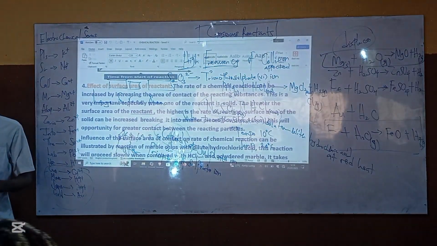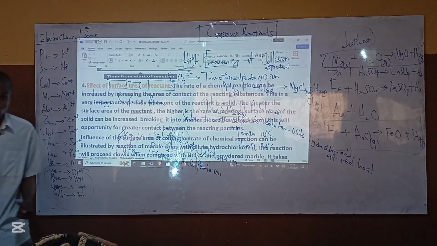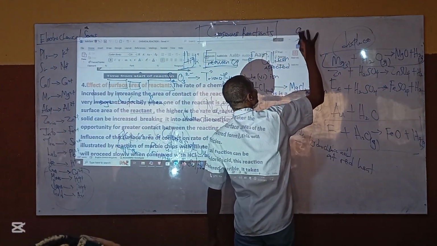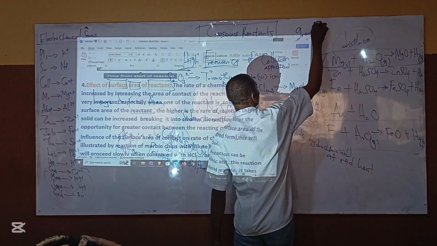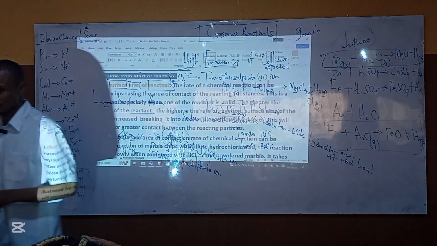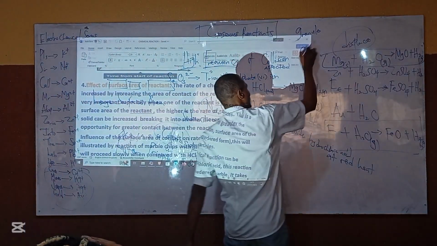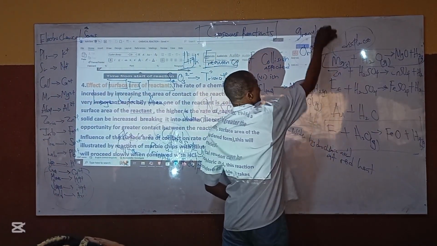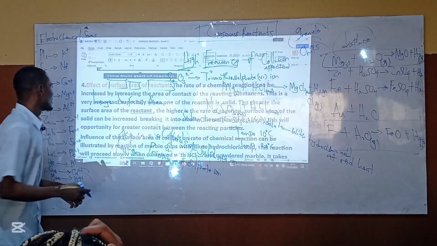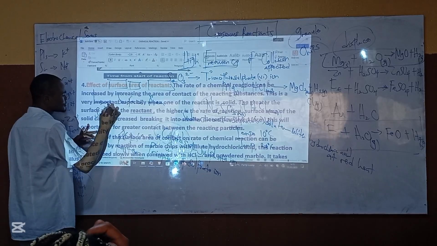Something that is in the form of granules, like chips, chip size, has a smaller surface area of contact. Has a what?